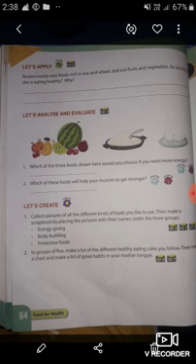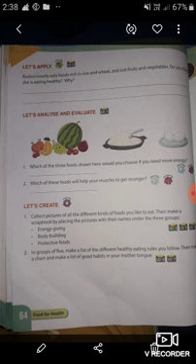So students, you studied about the three food groups, which are energy giving food, bodybuilding food and protective food. So students, the first picture is the example of protective food, that is fruits.